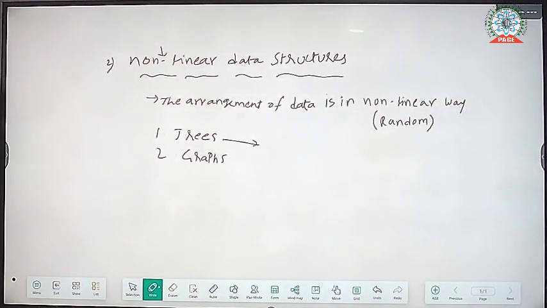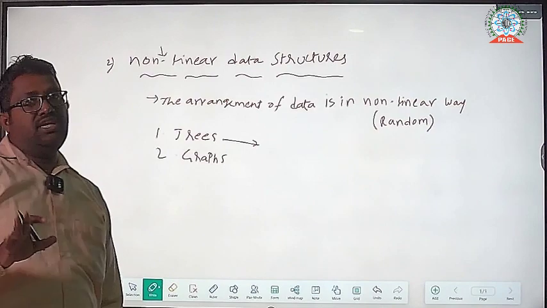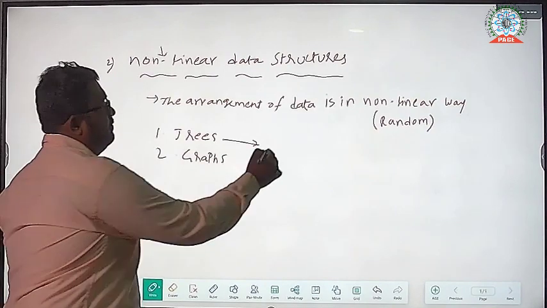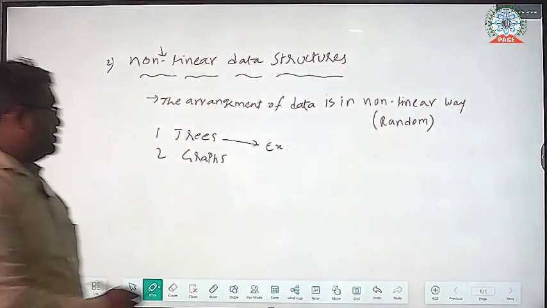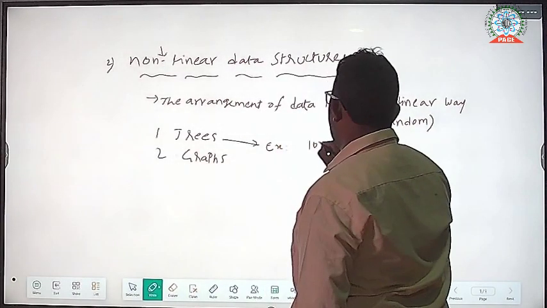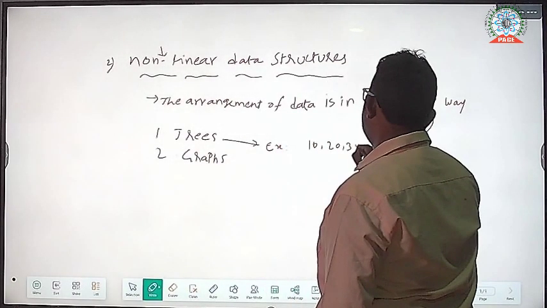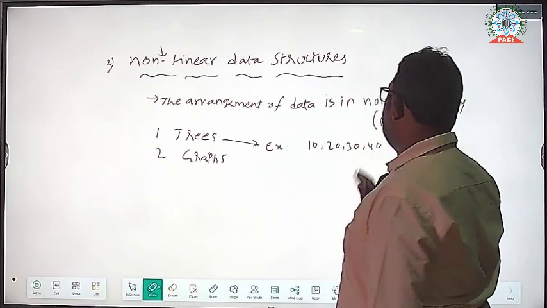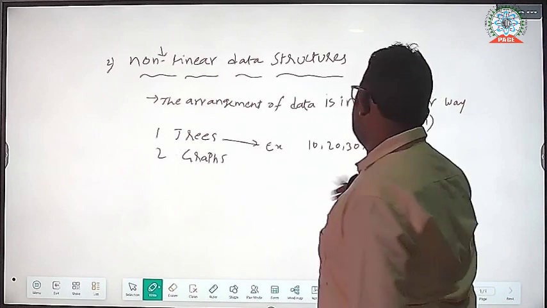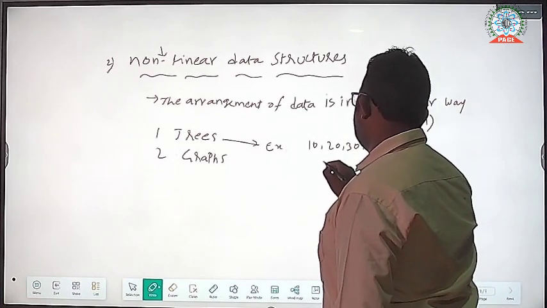Here the data should not be arranged in a linear way. So how is the data going to be arranged in a tree structure? For example, if you have the same elements 10, 20, 30, 40 like that, the arrangement of these elements in the trees is going to be represented in this way.